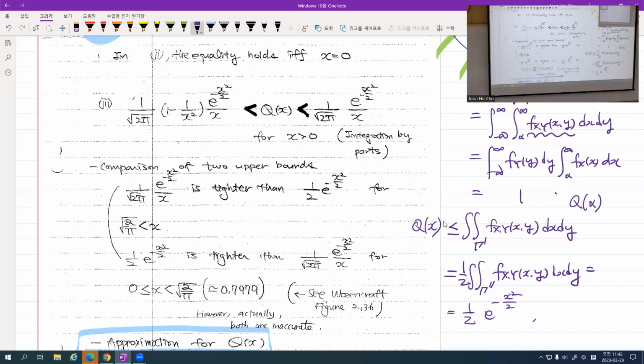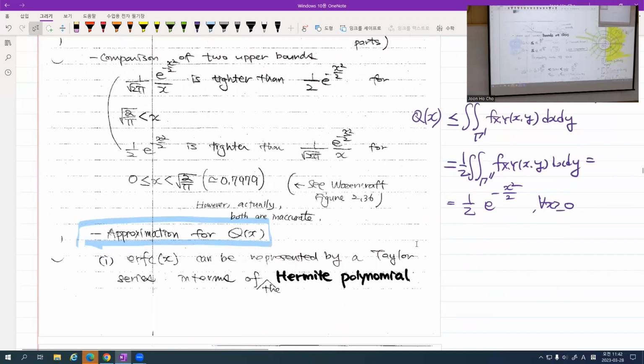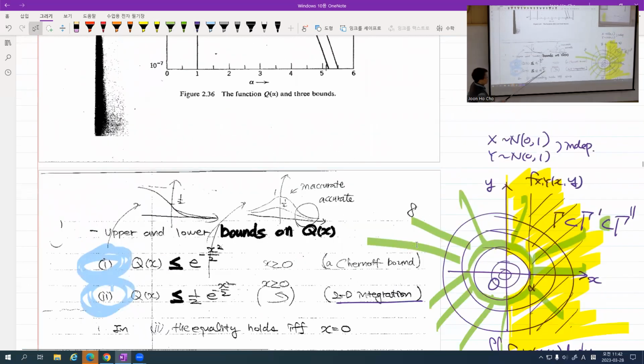Be careful here, x is non-negative. Ready? So this is the idea on how to derive this very simple bound. Got it?